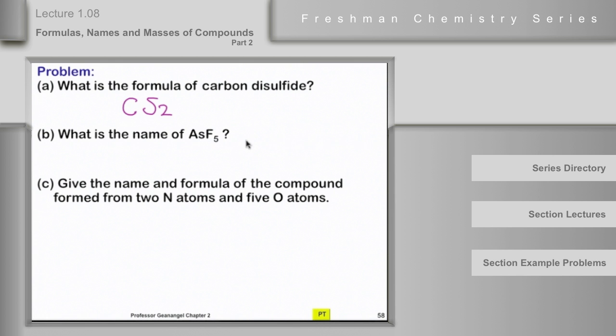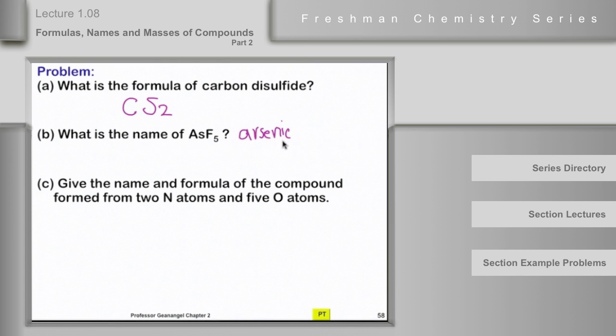AsF5. As is arsenic, and it's in the periodic table right under phosphorus. And so we're going to name it first, because fluorine is to the right in group 7. Arsenic's in group 5, fluorine's in group 7, so we name arsenic first. And notice we don't have to do anything special with the endings.